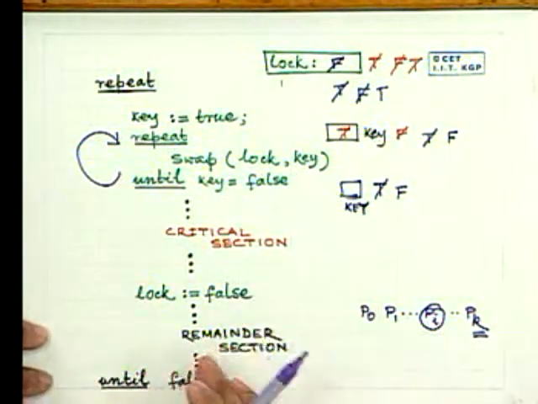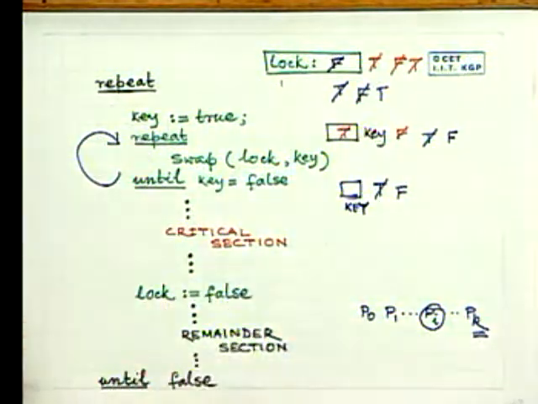Therefore, you see that the swap instruction helps in implementing the entry section of a critical section, and that way allows mutual exclusion to be realized.